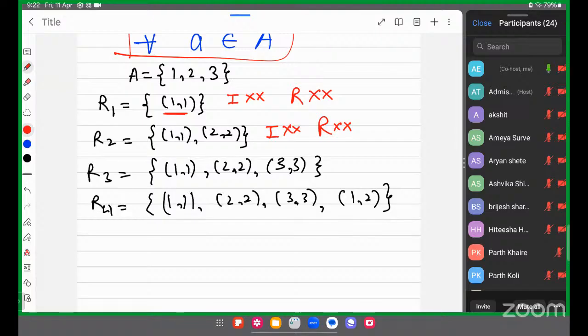But we can state that relation R2 is reflexive for element 1 and it is also reflexive for element 2. In other words, it is also stated as 1 has reflexivity. Element 2 has reflexivity, which means (2,2) is in relation. 3 has no reflexivity, which means (3,3) is not in relation.